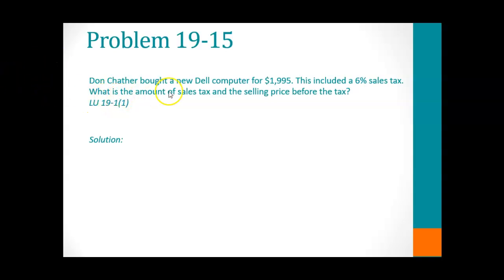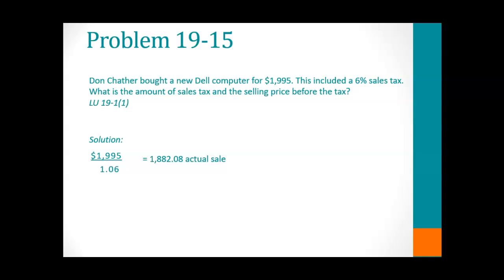We have Don bought a new Dell computer for $1,995. This includes a 6% sales tax. We're saying what's the amount of sales tax and the selling price before the tax? So you would take the total amount, the $1,995, divide that by 1.06, which is 100% would be the amount of the item, plus the 6% sales rate gives you 106%, which is 1.06 as a decimal. So the actual amount of the sale would be $1,882.08.